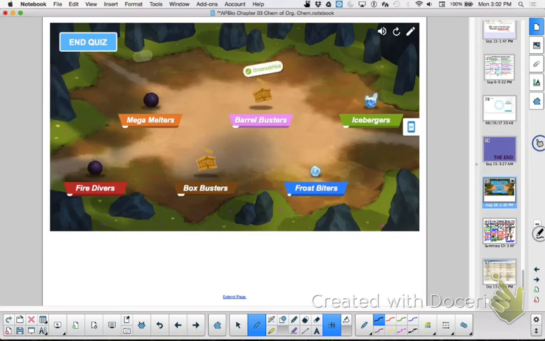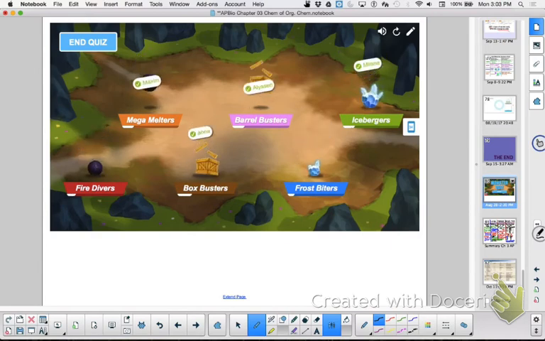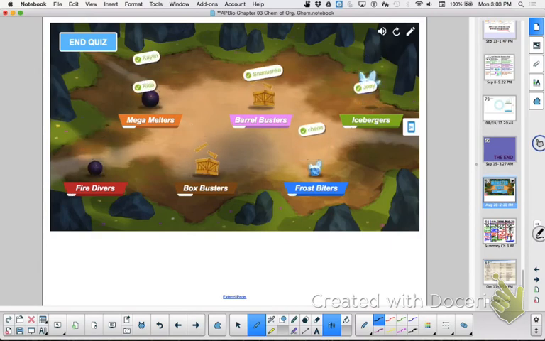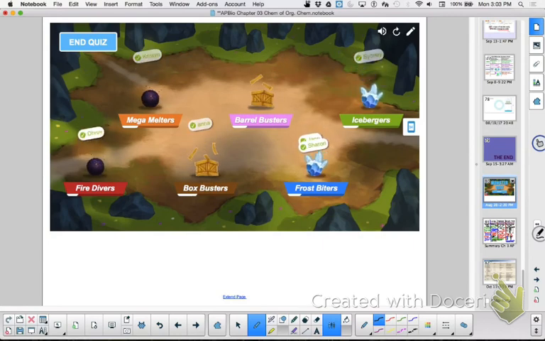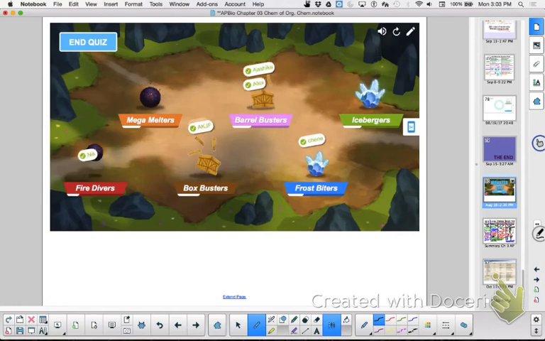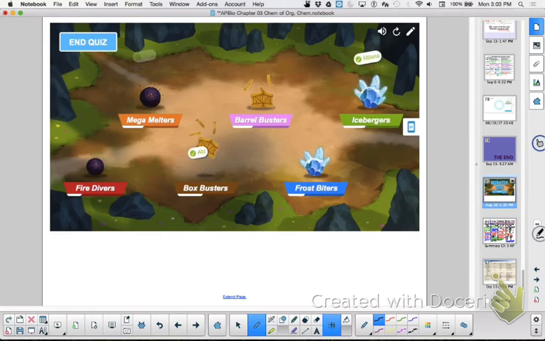Oh, Mega Melters, you're doing very well. It'll make you go back if you miss it. Good job, Icebergers. Fire Divers, you're really struggling.